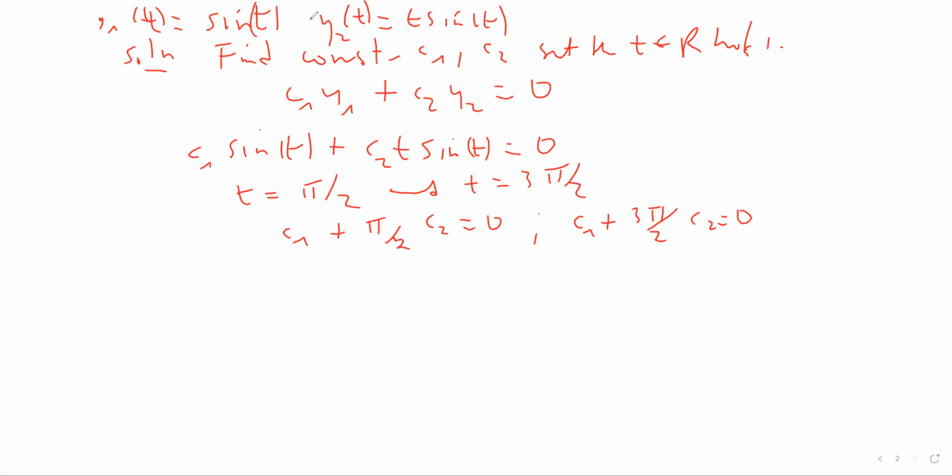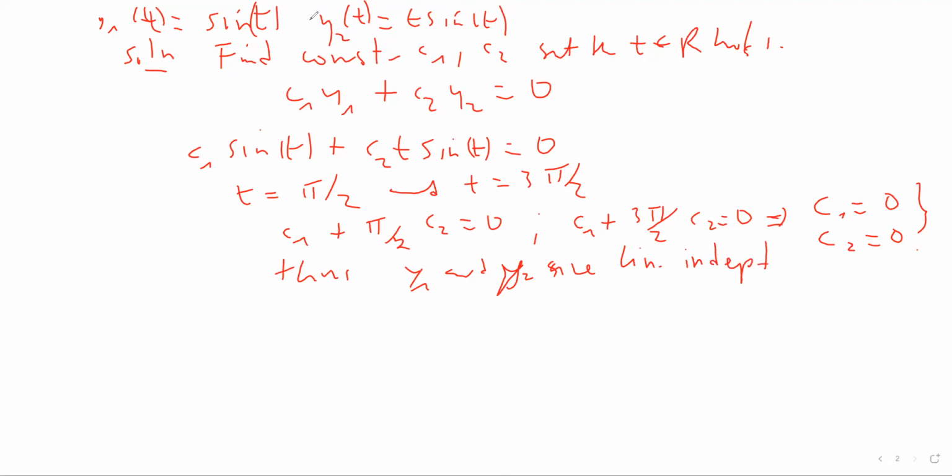If we have such equations, then it implies that C1 is 0, C2 is 0. And thus, y1 and y2 are linearly independent.